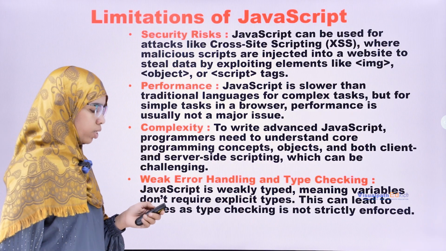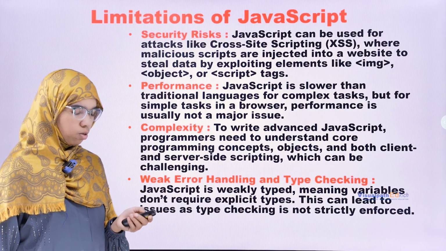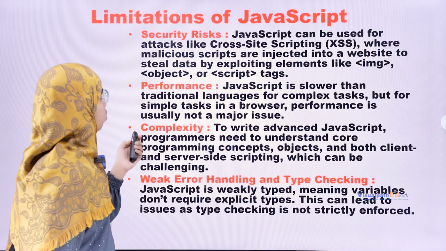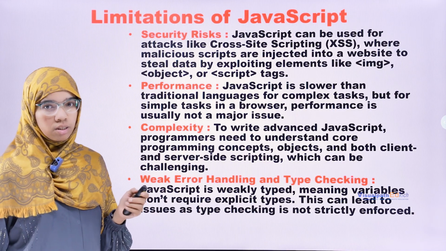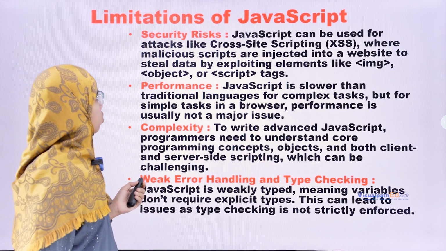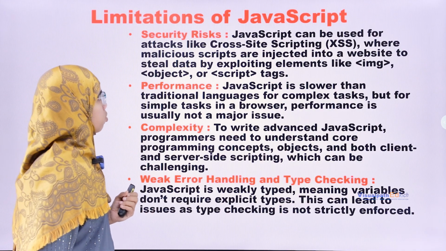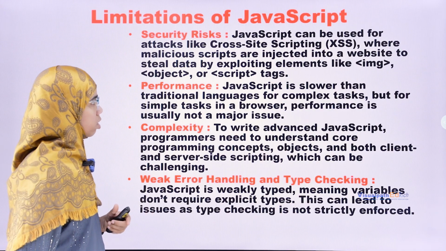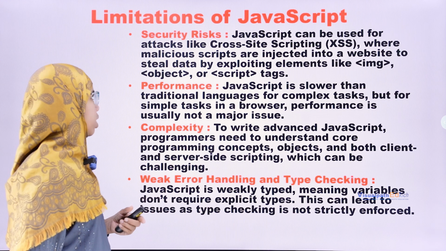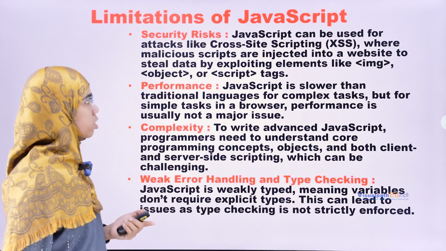Now, as we have seen the features and various good things about the applications of JavaScript, let us see a few of the limitations that exist in JS. The first and foremost limitation is the security risk. JavaScript can be used for attacks like cross-site scripting.